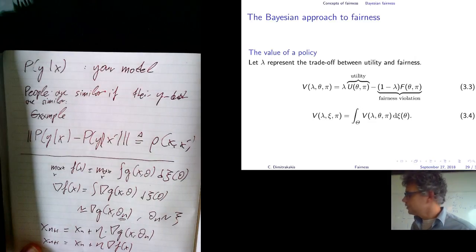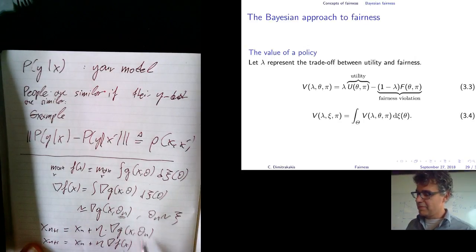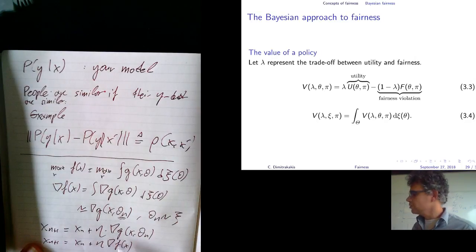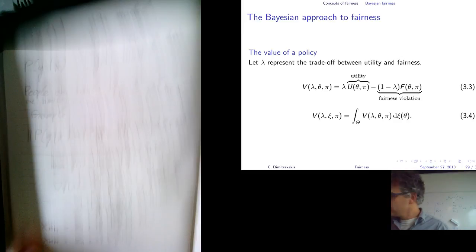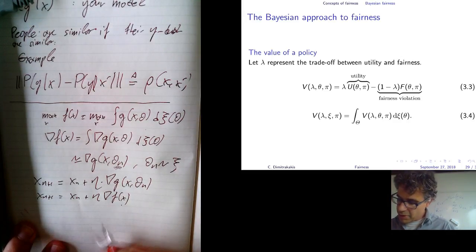take the derivative of f and then move in the direction of the gradient. Here you randomly select a theta, and then you move in the direction of this randomly selected gradient. So what you do typically is think about it like this.